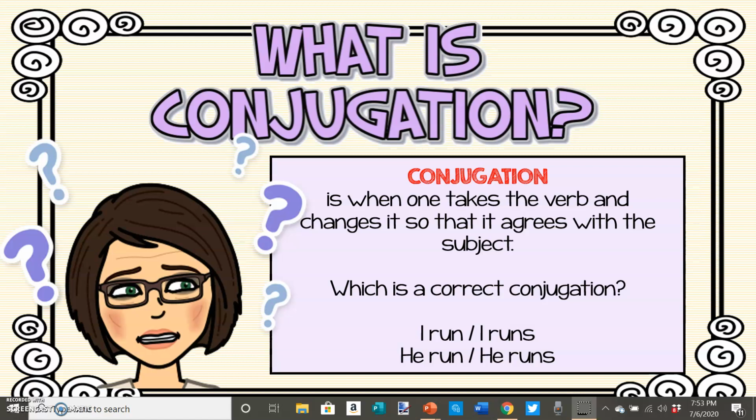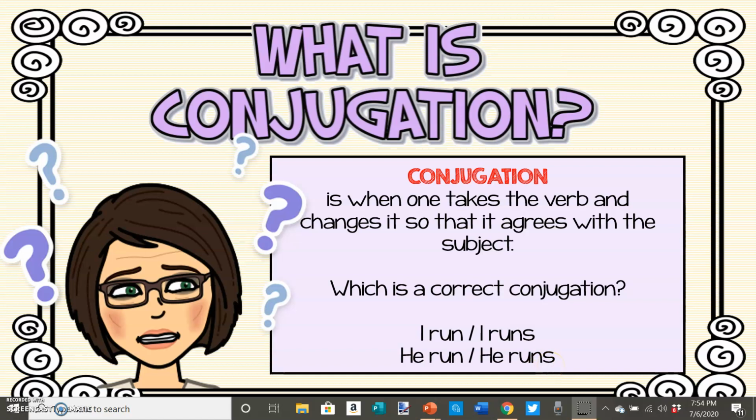For example, which is a correct conjugation? I run. I runs. Which sounds right? I run or I runs? I run is the correct conjugation. In this one, he run, he runs.